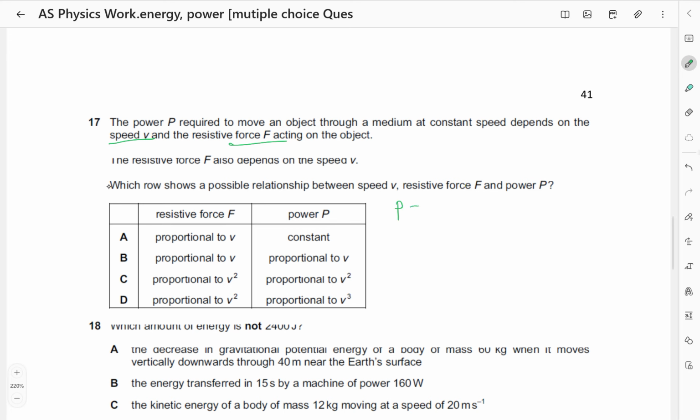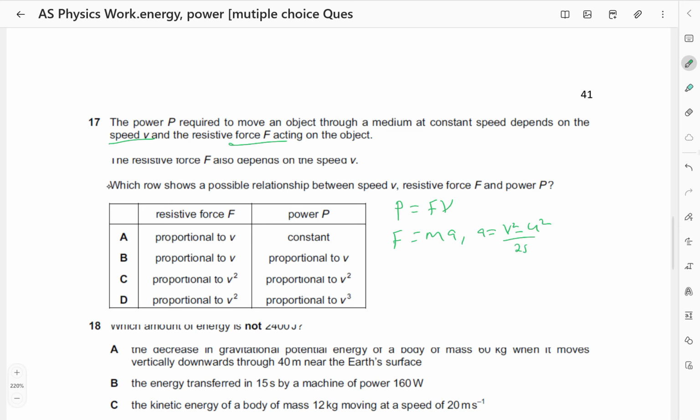We know that power is equal to force times velocity. That one we know. And we have earlier seen that force equals mass times acceleration, and acceleration equals v squared minus u squared over 2s.